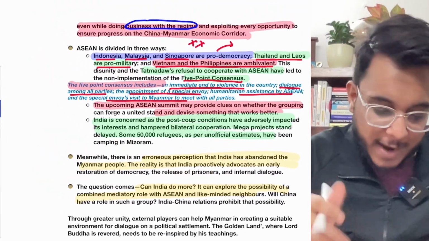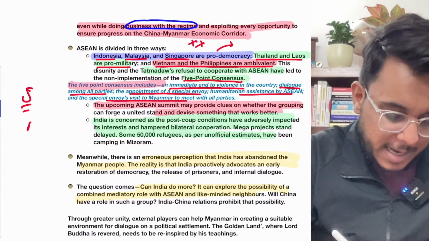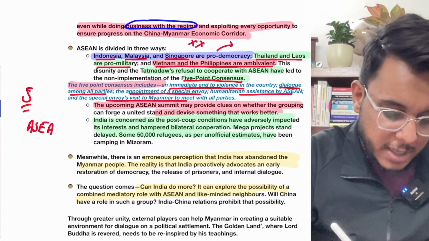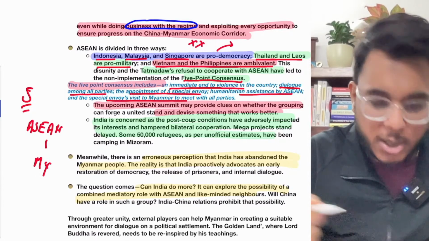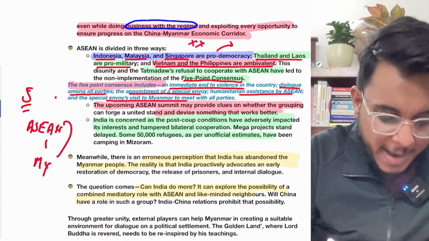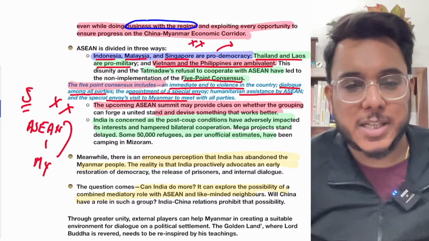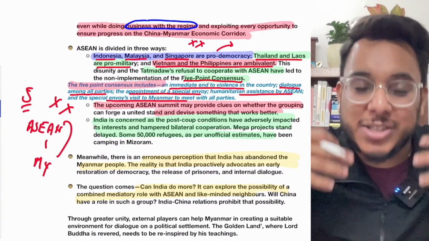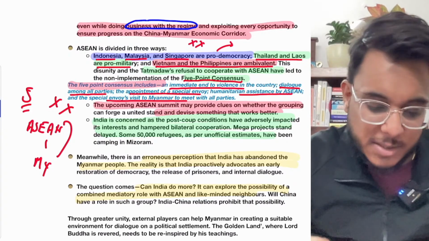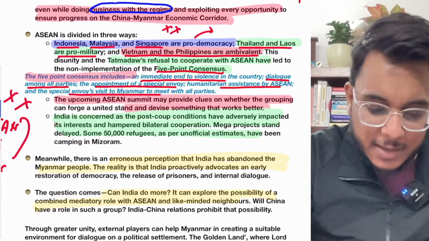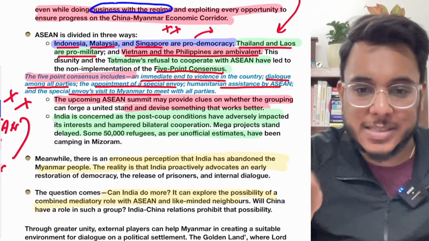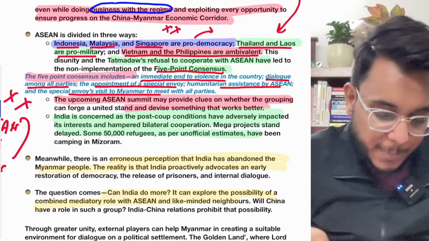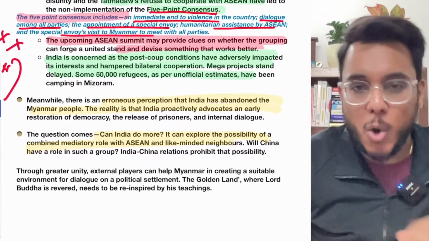So this is the 5-point consensus that has been given by ASEAN to Myanmar, that Myanmar should follow. But up till now, Myanmar has not implemented this 5-point consensus. Why? Because ASEAN in itself is not very decisive. I told you here that ASEAN is divided. So because of that, nothing has happened.